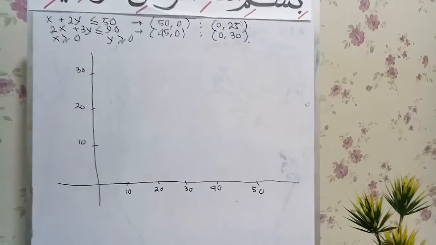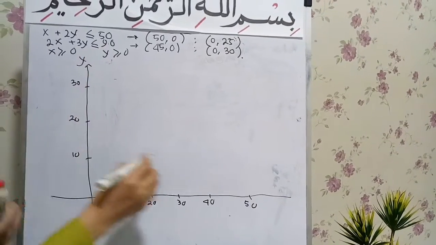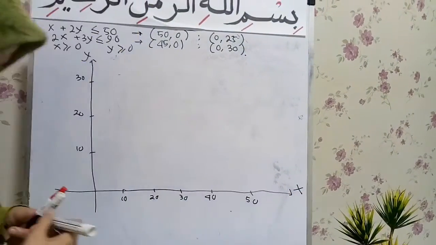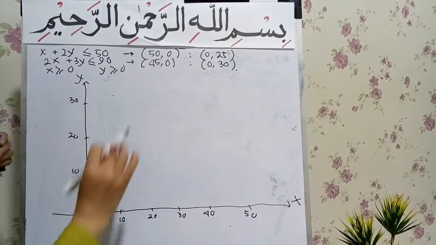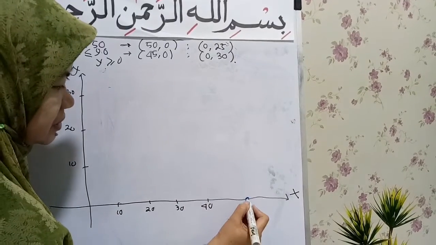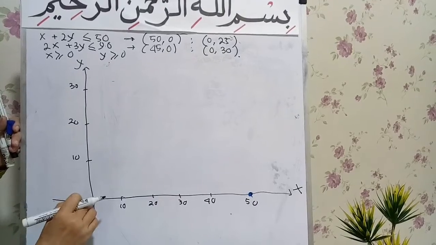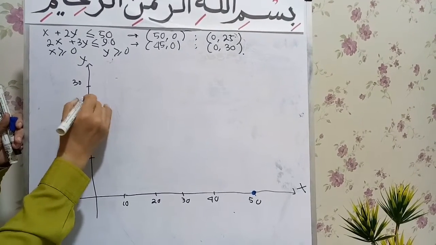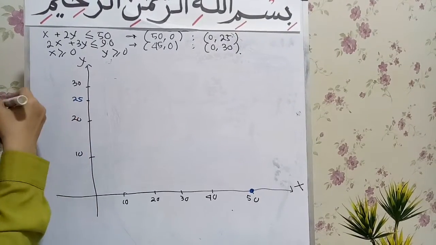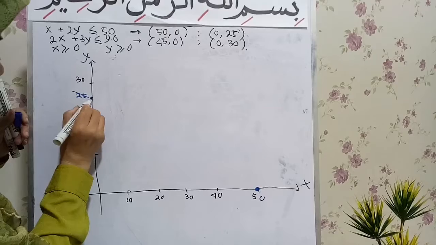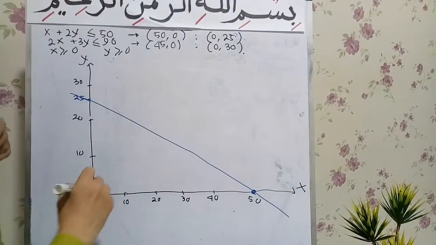Okay, this is the y-axis and this is the x-axis. So what we have here is (50, 0) here, and (0, 25) here.